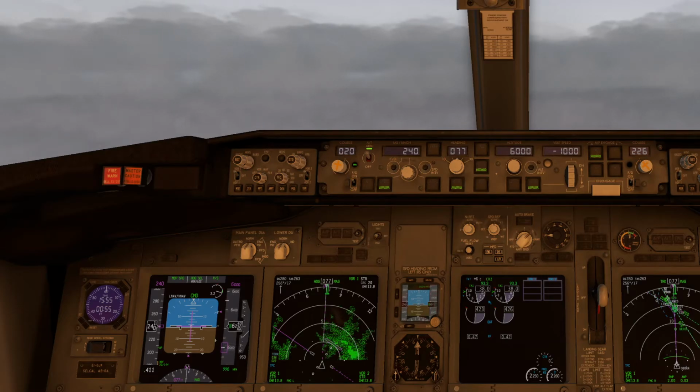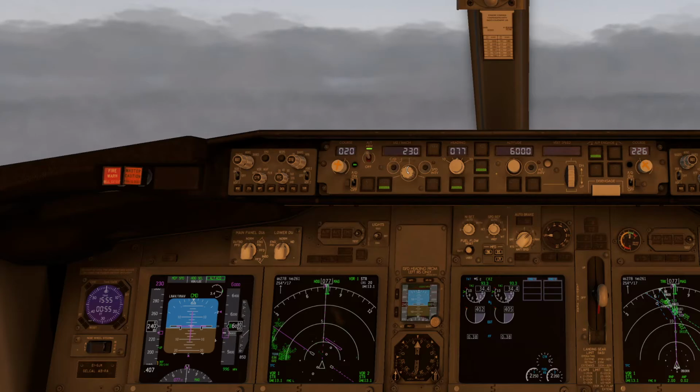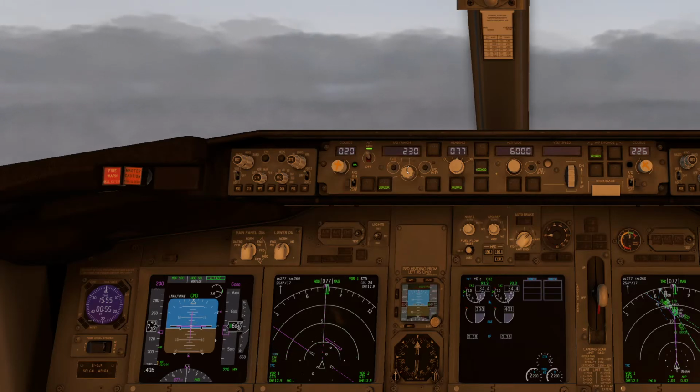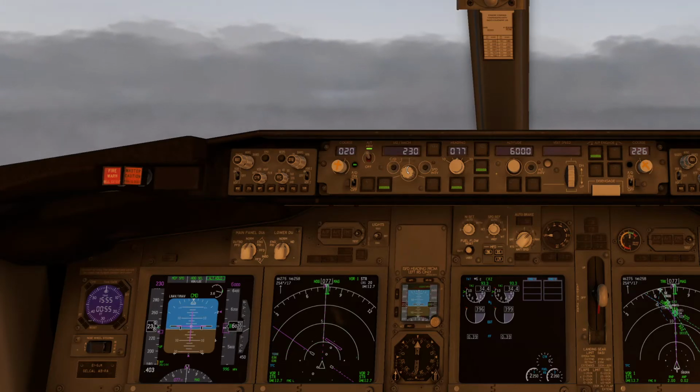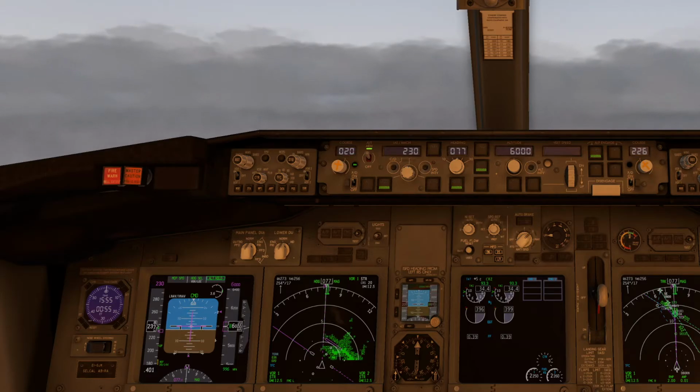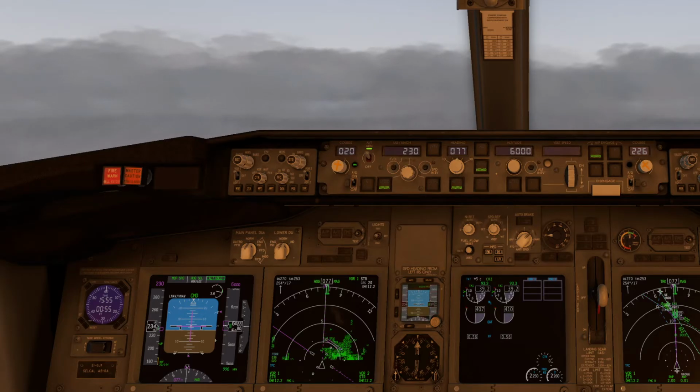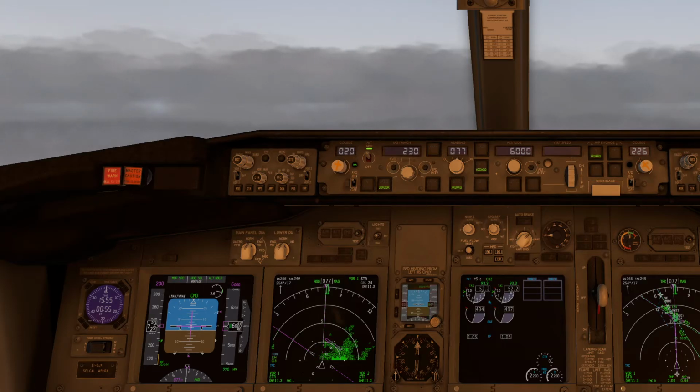We are now leveling at 6,000 feet and we can reduce the speed to 230 knots. DME 11.5 nautical miles to Strasbourg VOR.